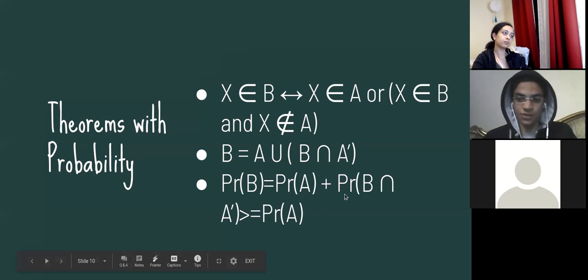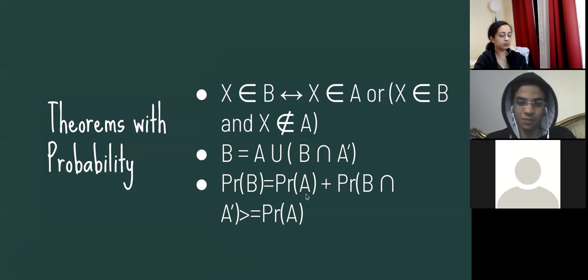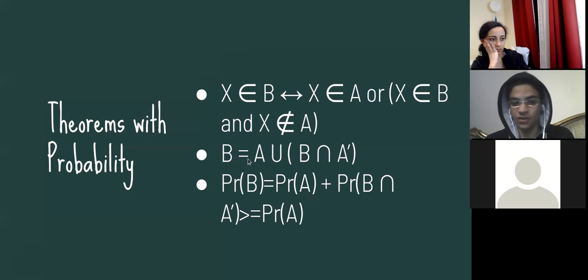And so this is just the case here. We have that the probability of A plus the probability of B intersection A dash is greater than or equal to the probability of A. And this part, the probability of A plus the probability of B intersection A dash, is B in itself. So overall, you would have that the probability of B is greater than or equal to the probability of A. If this does not make any sense, please leave a comment in the chat.